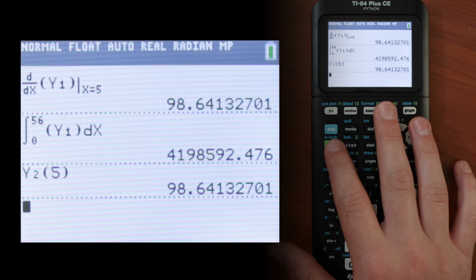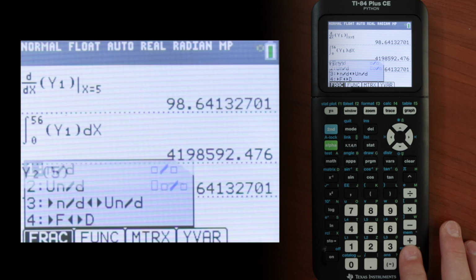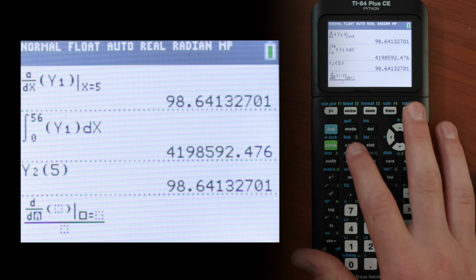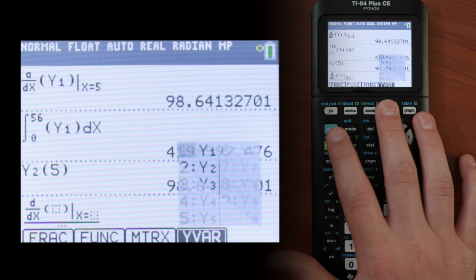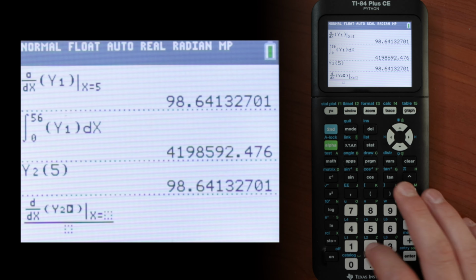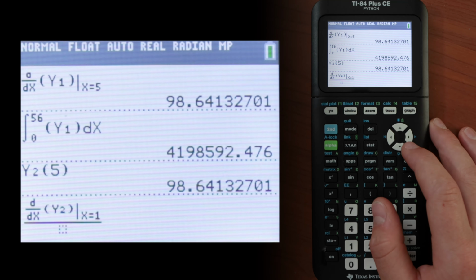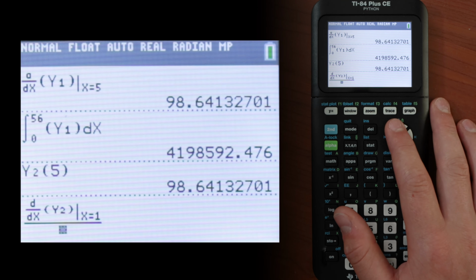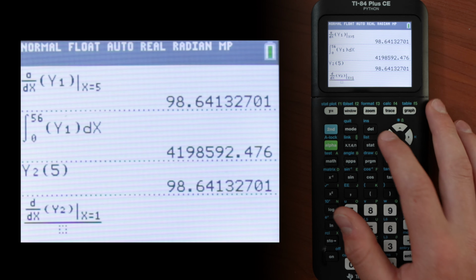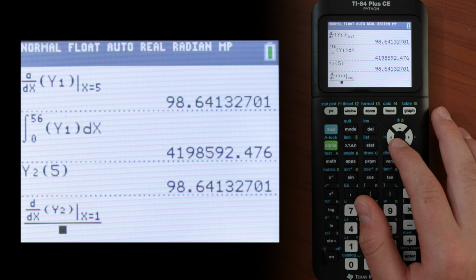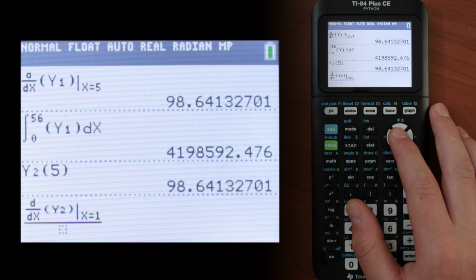Or actually, let me clear real quick because I'm going to do a fraction. Now, math 8, derivative with respect to x, alpha trace. Then my second y was my y of t function. So you see, now this is essentially the same as taking the derivative of y of t with respect to t, only we have x's instead of t's.